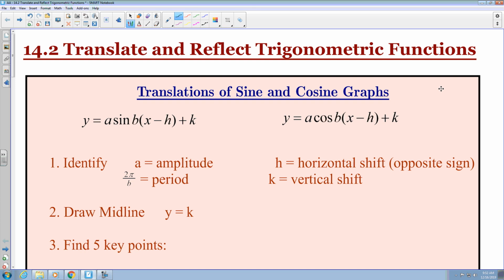trying to look for basically the minimum and maximum of each of the values of the trig functions, and then the x-intercepts of the trig functions.